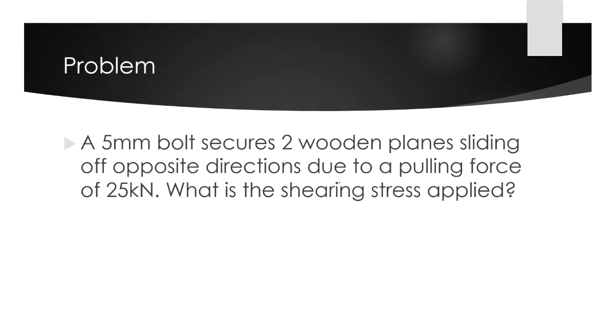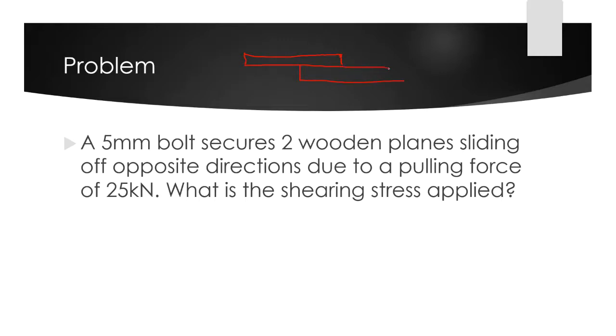For example, we have here a 5 mm bolt that secures two wooden planes sliding off in opposite directions due to a pulling force of 25 kilonewton. What is the shearing stress applied? So when we try to draw that, we can say that this is our planes and they are attached by a 5 mm bolt daw.